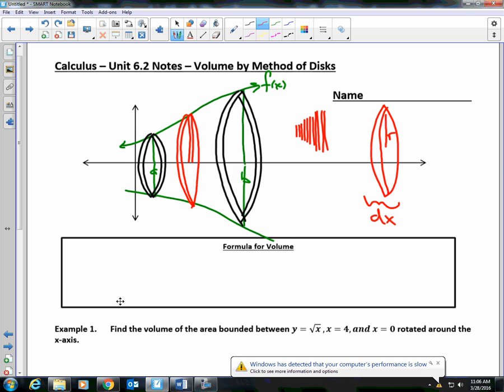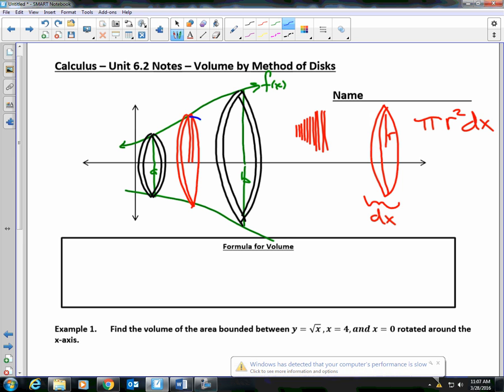In order to find the volume of a disc, I find the area of the circle and multiply it by that dx width. What is the area of a circle? Pi times your radius squared times dx. Now, if I'm working with dx, all the variables should be in terms of x, but I have an r. Let's get rid of that r.